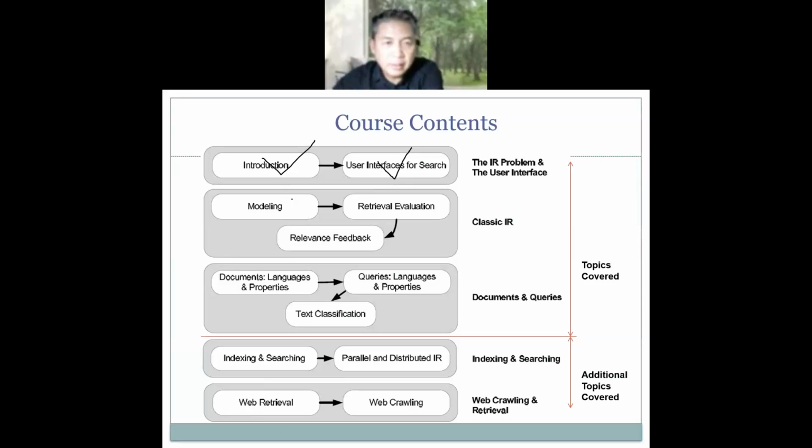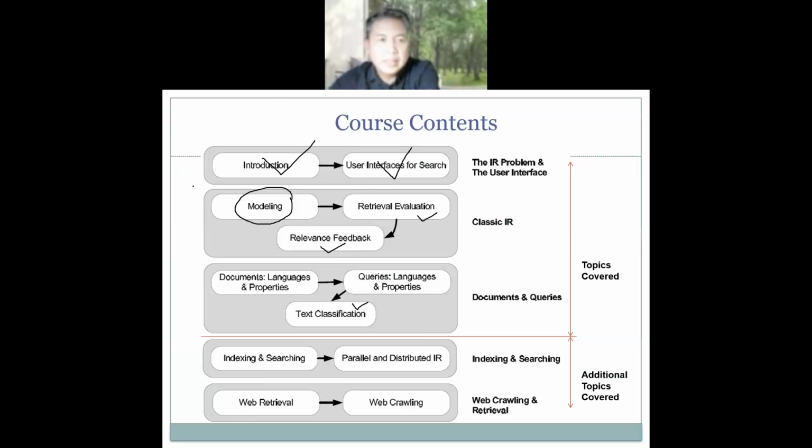So this is the main component, modeling. This is how we represent the document in the system, and then how we use the representation in order to perform many things like retrieval evaluation, relevance feedback, and text classification, and many more.